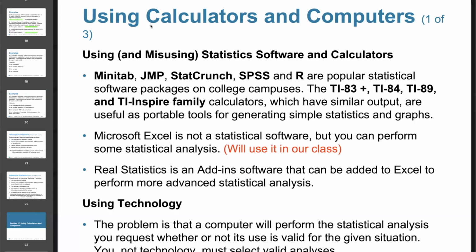Also, for the calculators, we have TI-83, TI-84, TI-89, and the TI-Nspire family calculators. These calculators also have some simple statistical and graph packages, so you can use them when you need to do a statistical analysis.